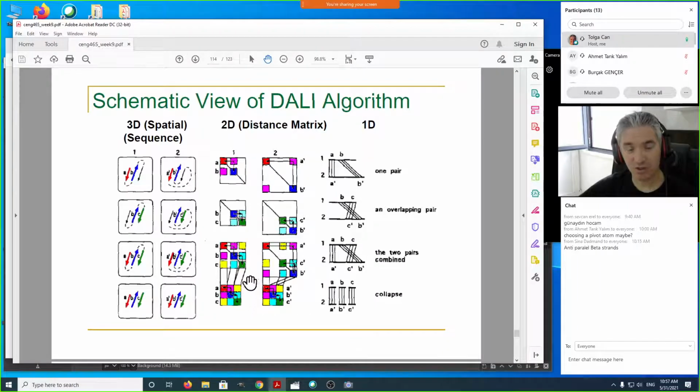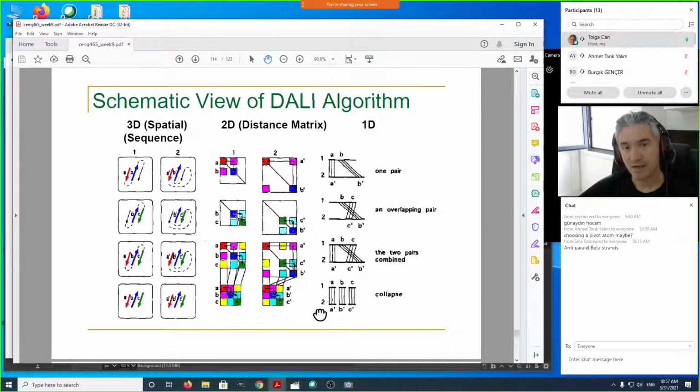And the goal is just to try to combine all these together in a consistent manner. So it tries to do that for all high scoring pairs, which may be more than two. The main algorithm is complex, and this is the part that I'm not going to go into detail.